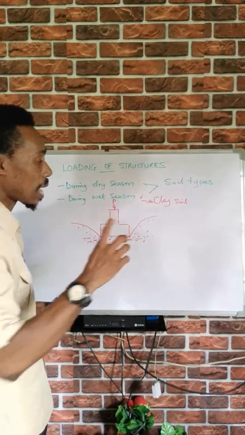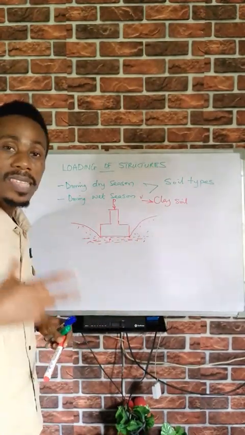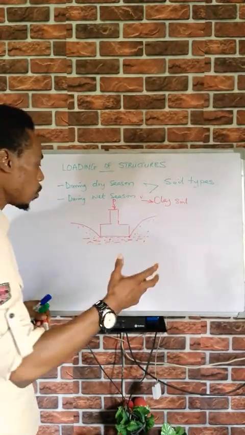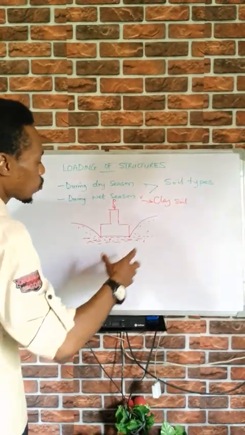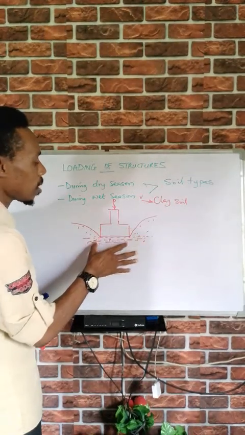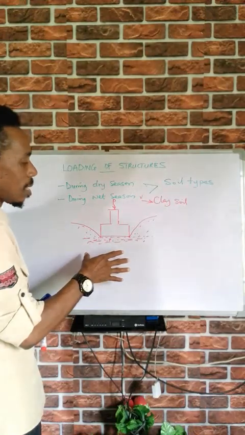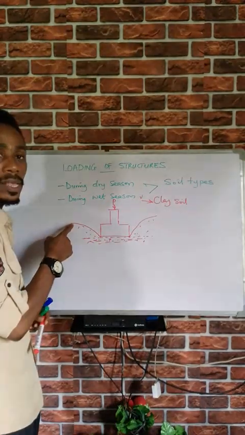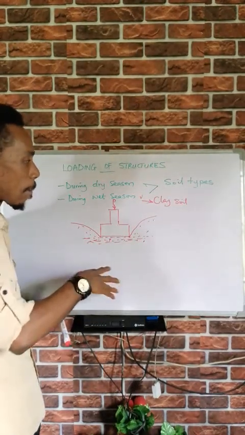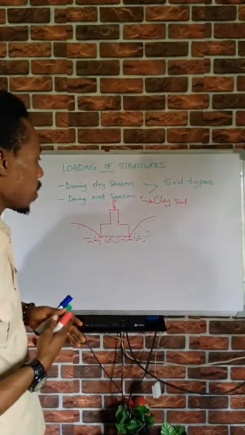Because water influences clay soil; it is water that causes the clay soil to swell due to the presence of minerals in clay soil. So it swells, and when the load comes on it, the base will displace the area that it occupies, and you see the soil having a reaction by the side of the base because of the displaced area. So that is what happens during the wet season.